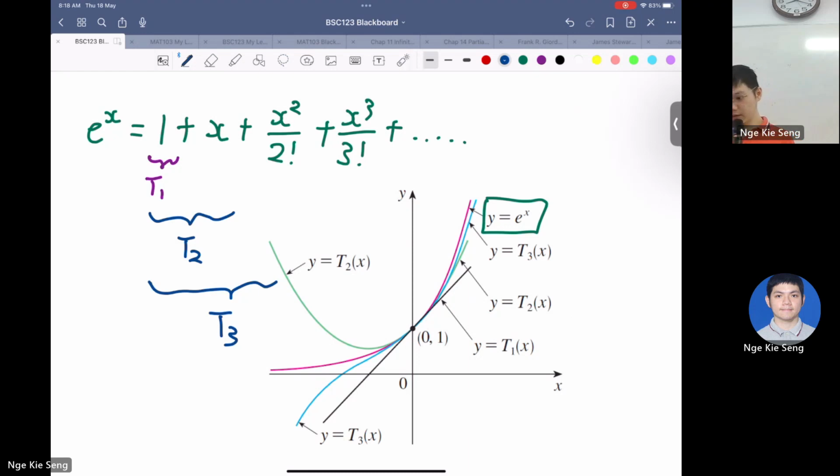So where's T1? You can see that this power series is centered at 0. So what is T1? T1 is 1. Why does it draw like this?